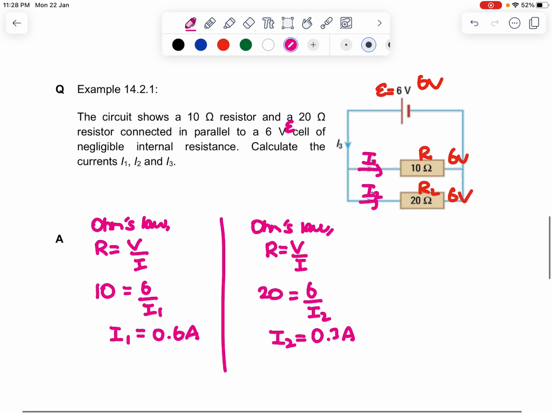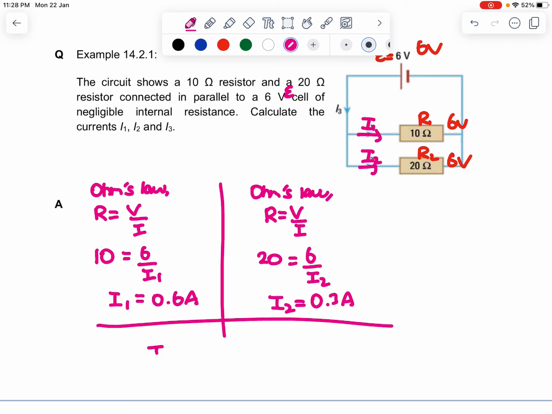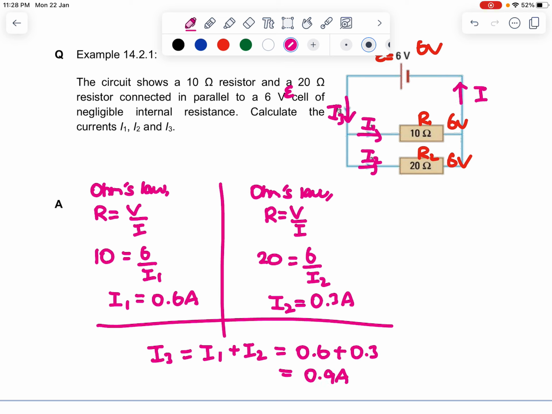And we know the properties of a parallel circuit. I3, which is this, will combine, it will split out to I1 plus I2. So I3 equals I1 plus I2, which is 0.6 plus 0.3 amperes, which gives me 0.9 amperes. For I4, it's actually the same because it combines back up.